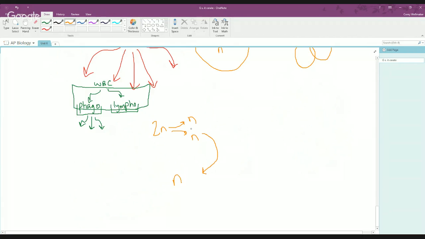And then the next generation that comes from the spores is a multicellular haploid generation that will produce gametes, and those gametes will fuse to restore the diploid generation. But no, I don't think you're going to be held responsible for that on this unit exam.